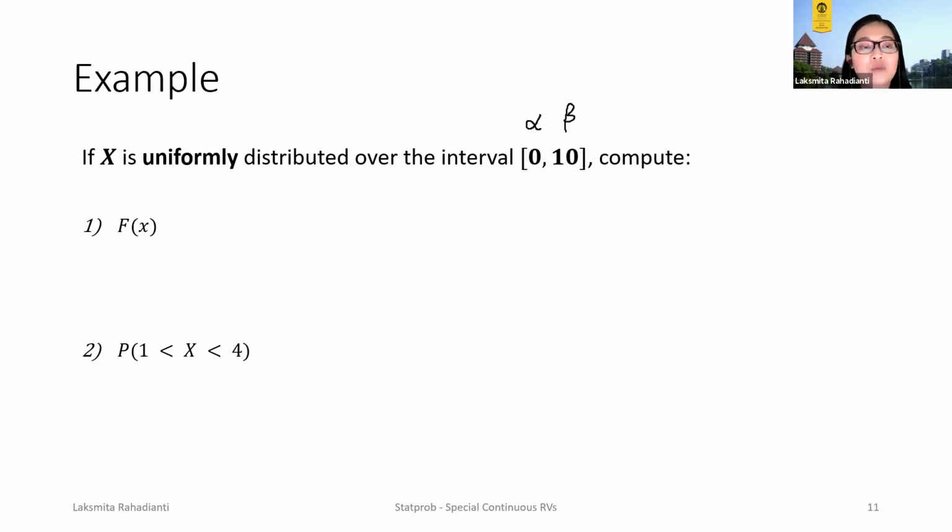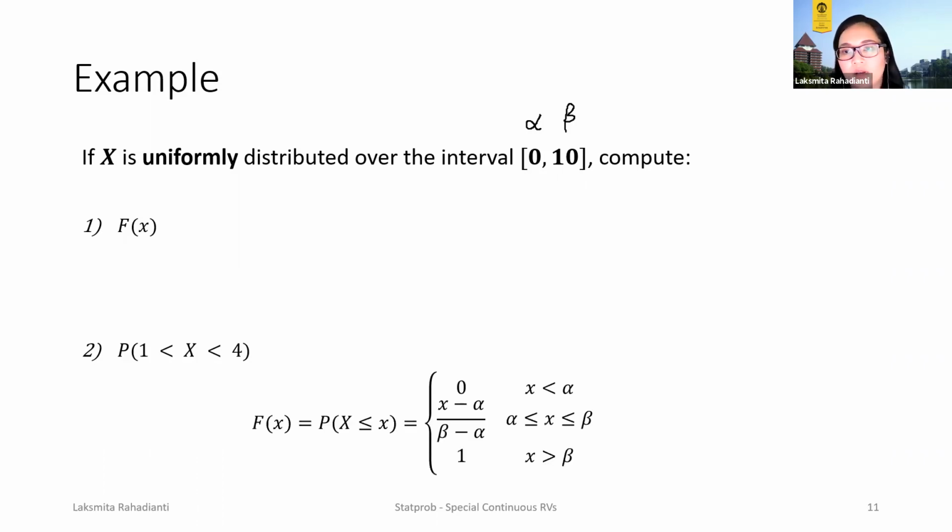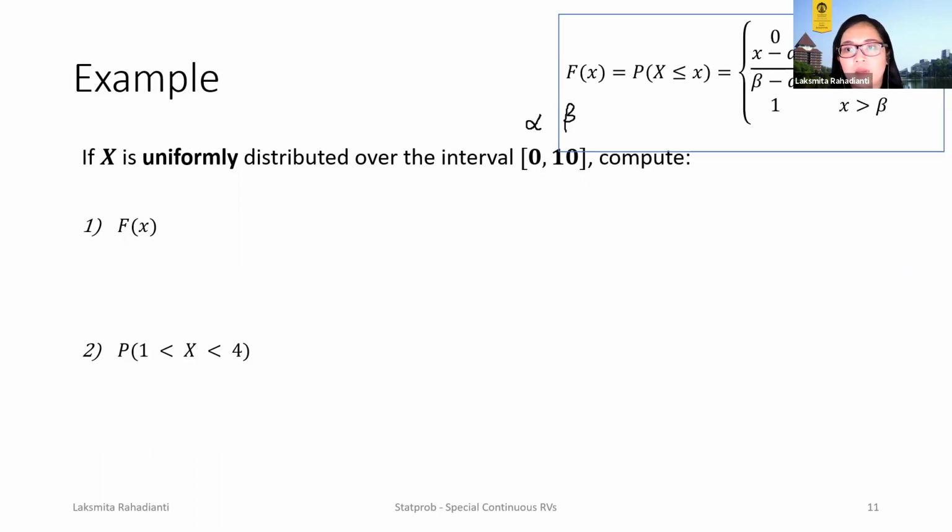Now I would like to compute, first, I need to compute my CDF. So let me copy this as a cheat sheet in the corner so we can follow it up. There we go. So that is our reference here in the corner.